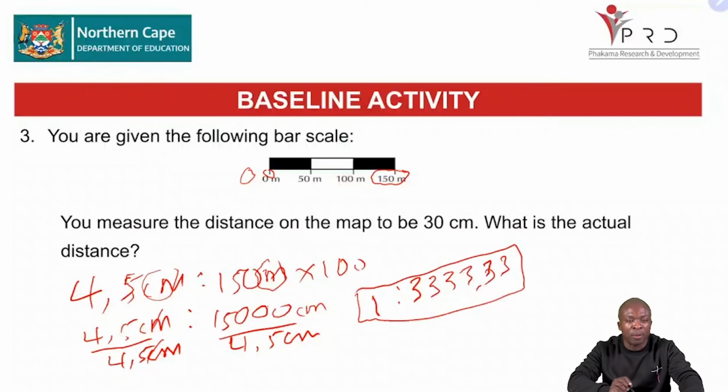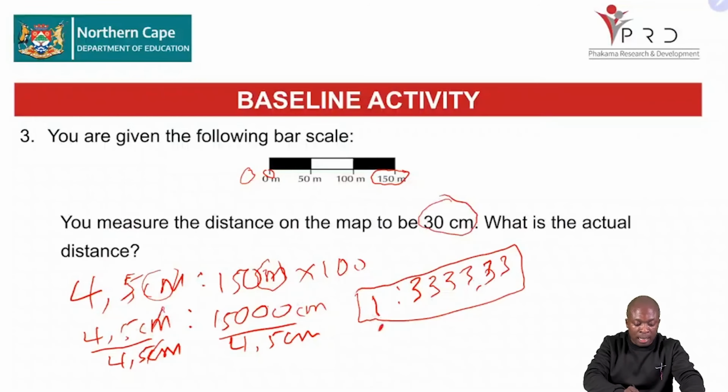Then you go back to the question. The examiner was asking you to say, you have measured the distance on the map to be 30 centimeters. So basically, what we are expecting to know is that every time you measure one unit, I'm saying unit because, can you see that when we were cancelling, centimeters cancel centimeters, so there is no unit.